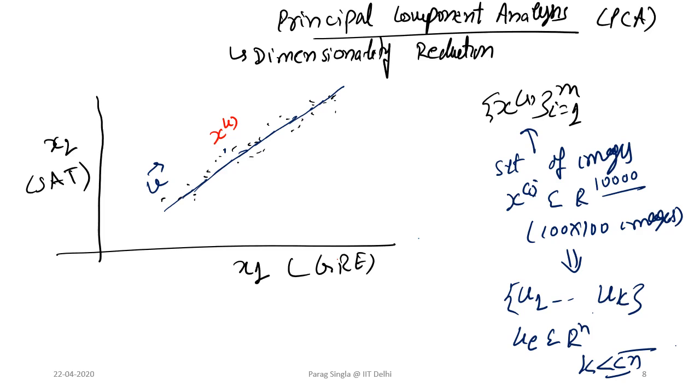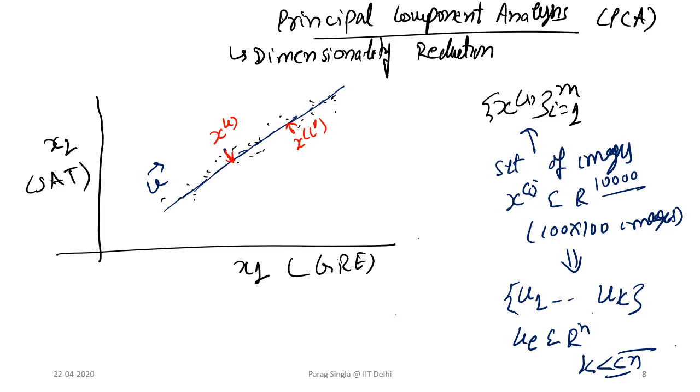The way to represent this would be to project this data point onto this line u. There could be another point here, let's say xi prime.